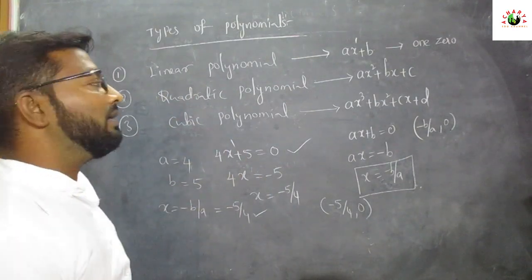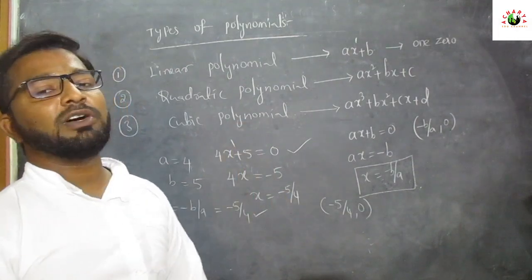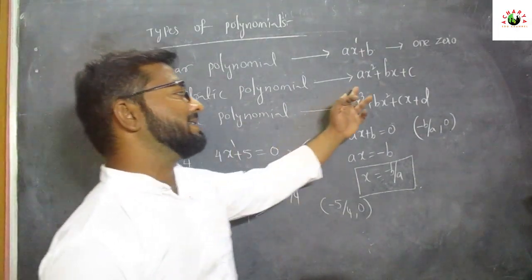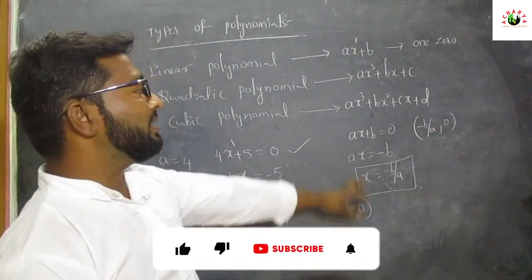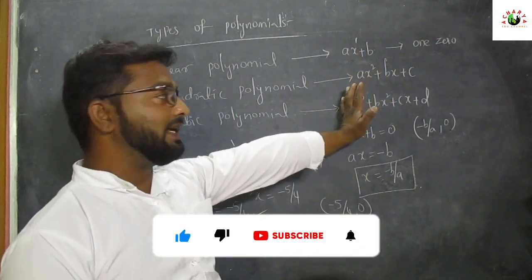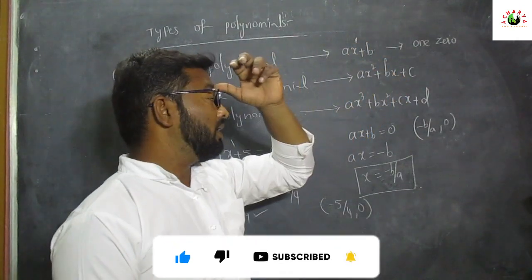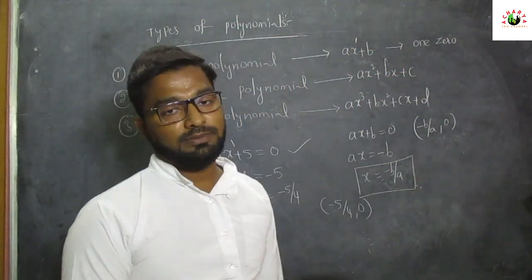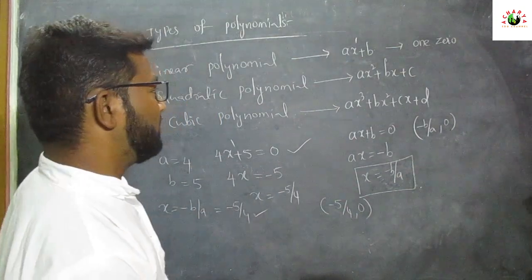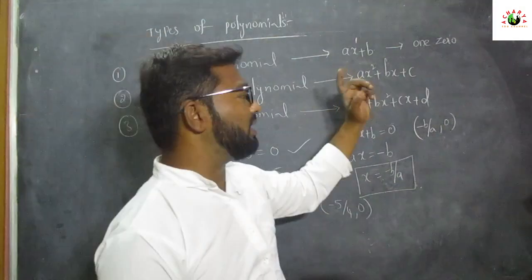What is the general form of a quadratic polynomial? ax square plus bx plus c. Here the coefficient of x square is a, the coefficient of x is b, and c is the constant term. What is the degree of a quadratic polynomial?